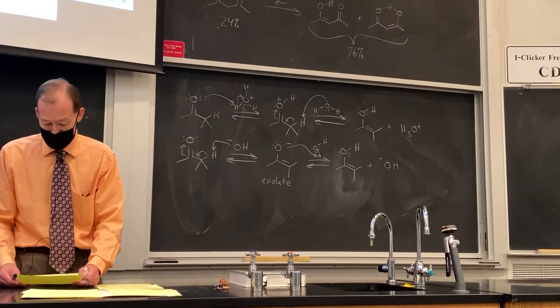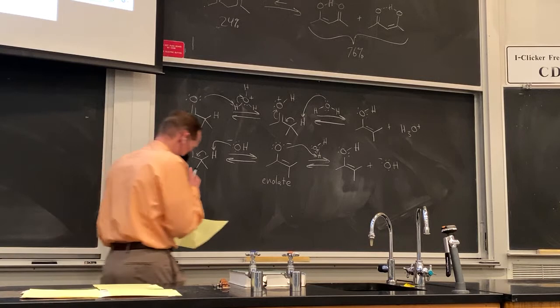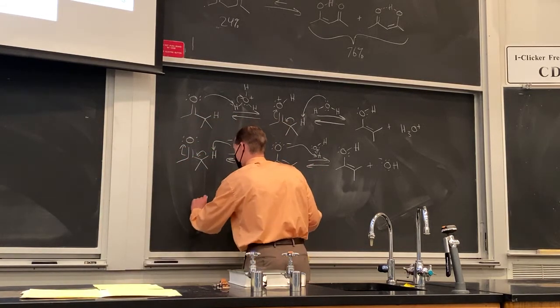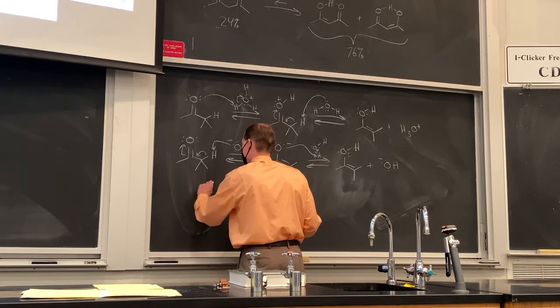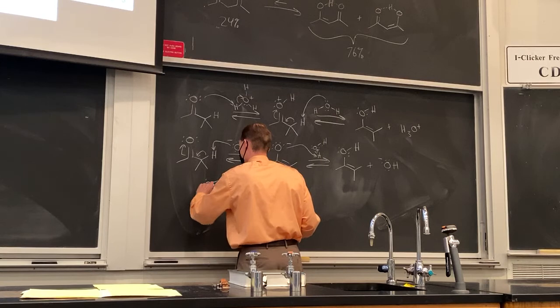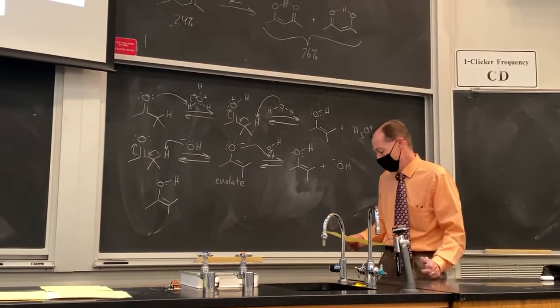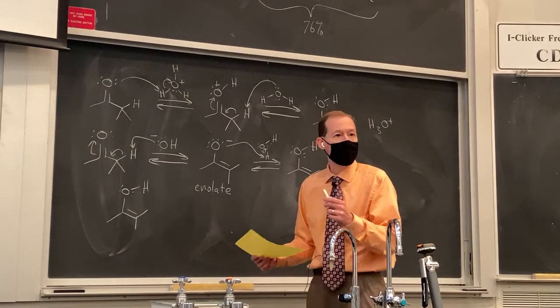Okay, so let's talk about the reactivity of our enols. So we've seen examples earlier in the class where minor contributors give us a clue as to how a species will react. And the enol is no exception to that.